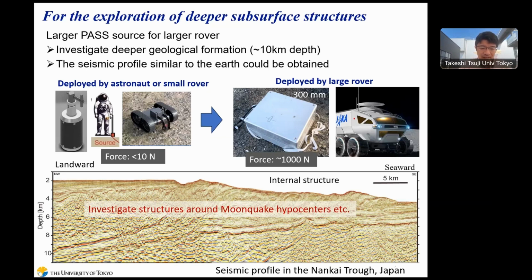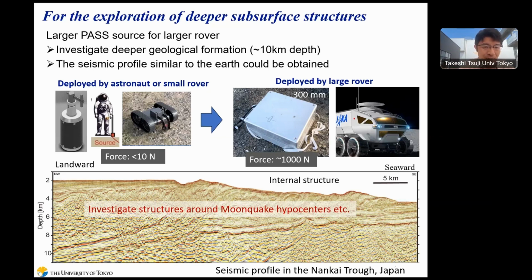If we obtain this kind of seismic imaging or geophysical information, we can image the geological structure around the moon crater or other targets, and it contributes to the scientific goal.